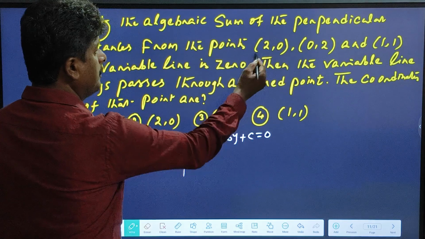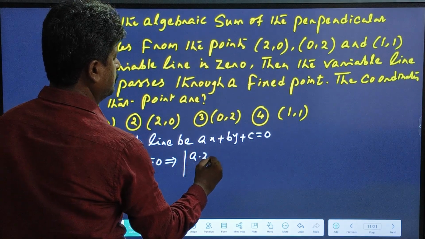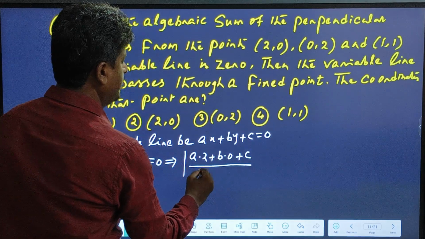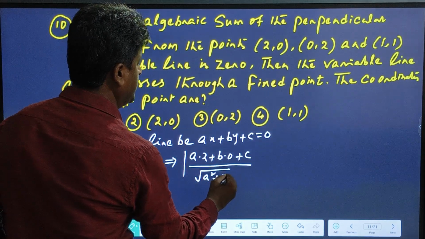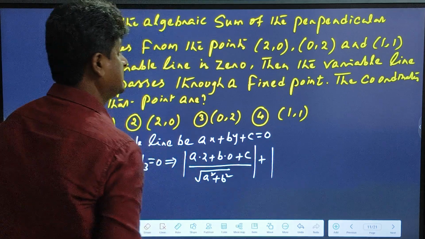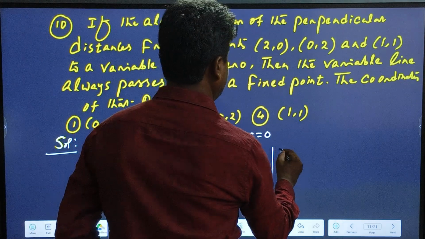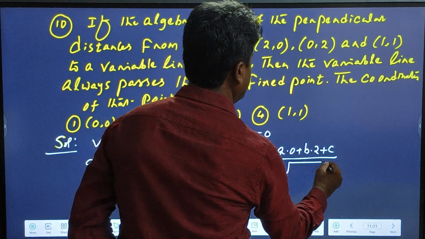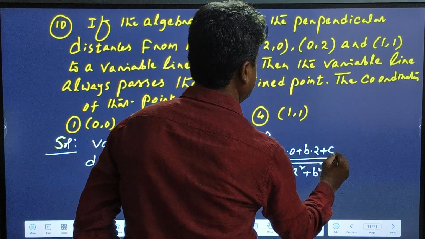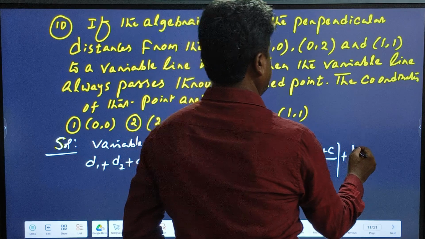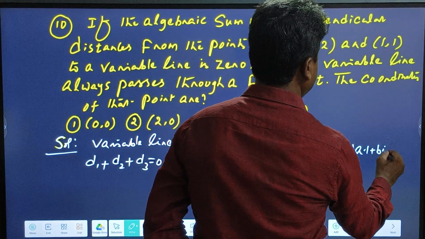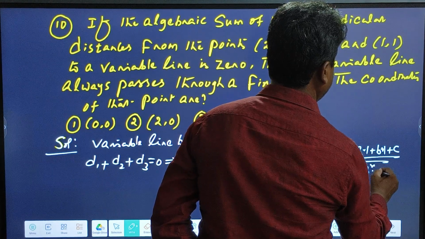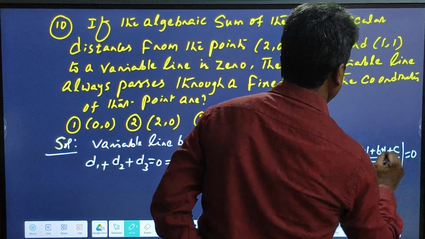The perpendicular distance is (a into 2 plus b into 0 plus c) by under root a square plus b square, plus the distance from the second point, (a into 0 plus b into 2 plus c) by under root a square plus b square, plus (a into 1 plus b into 1 plus c) by under root a square plus b square, is equal to 0.